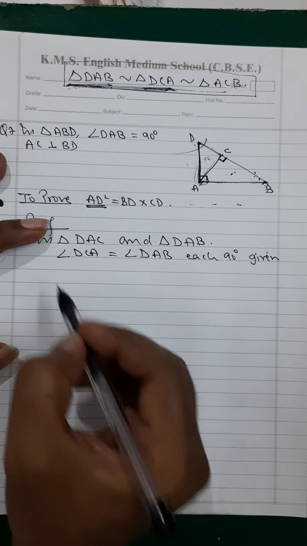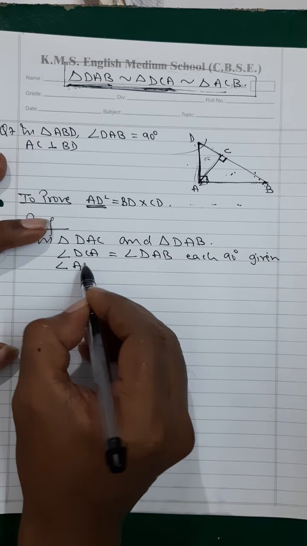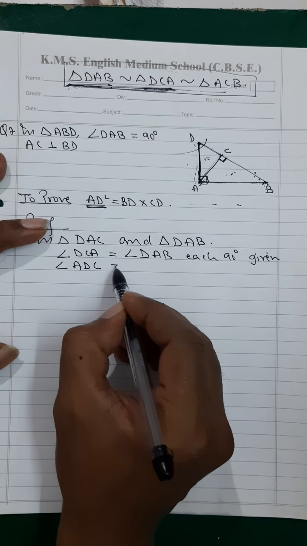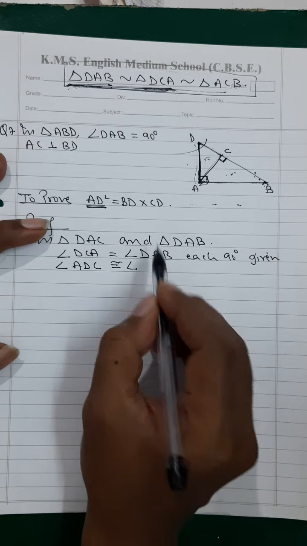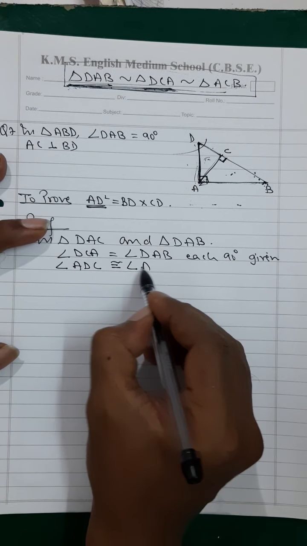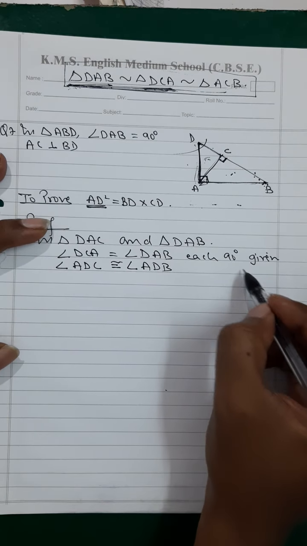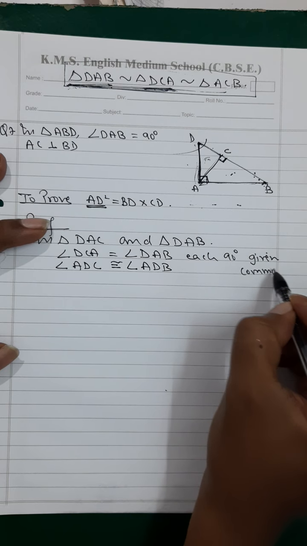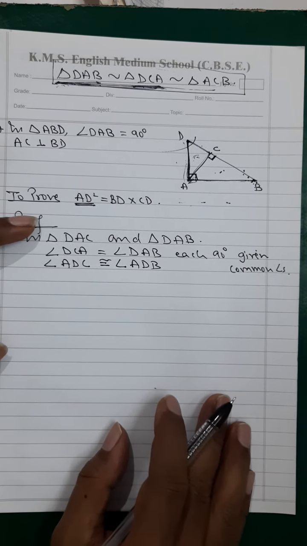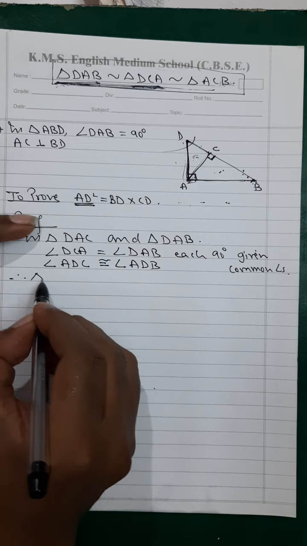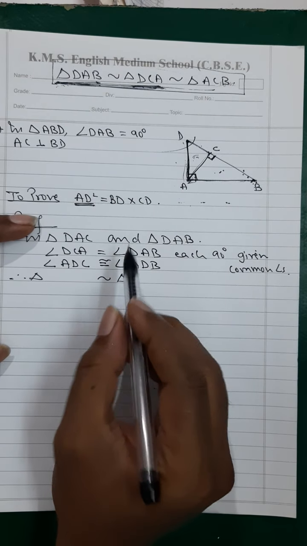Now I will go to the common angle. Angle ADC is congruent to angle ADB. Reason is common angles. Fine. Therefore, now I will have to maintain correspondence.